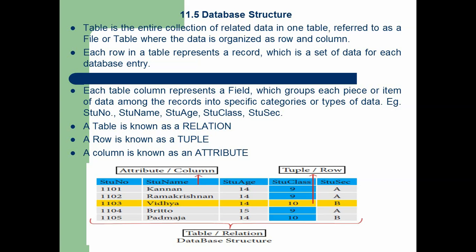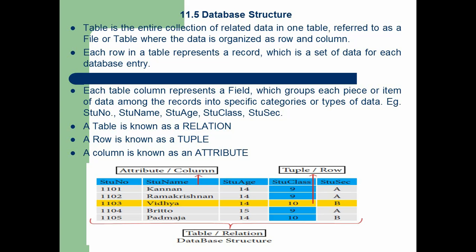The alternative for the word row is tuple. So why do we call it tuple? Of course, we know a tuple is a type of data type where we store many types of data with different data types. Each and every tuple shows data related to each other, and each and every attribute shows a piece of data of a complete data record.